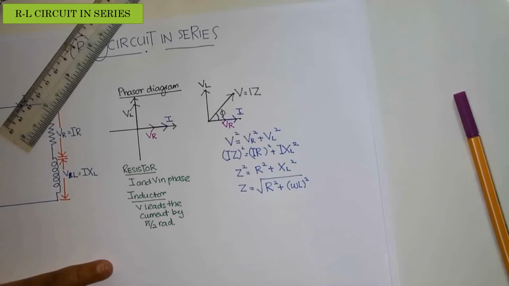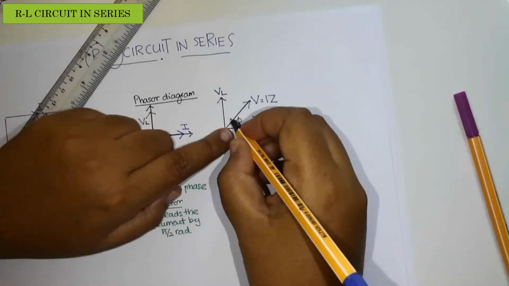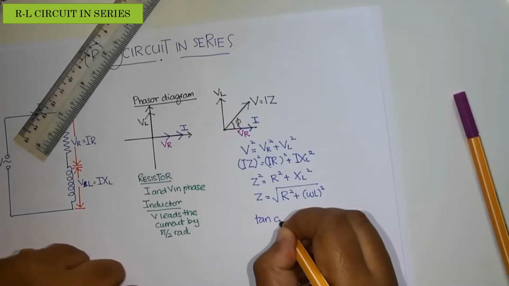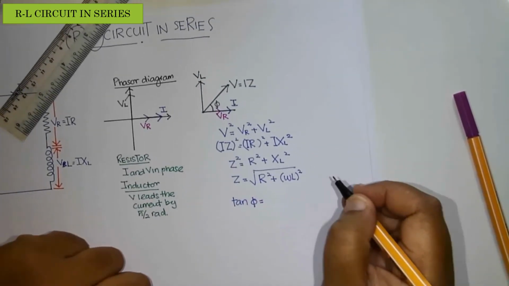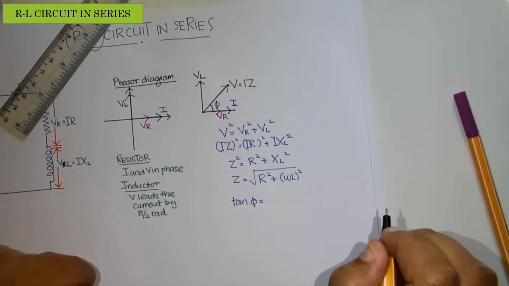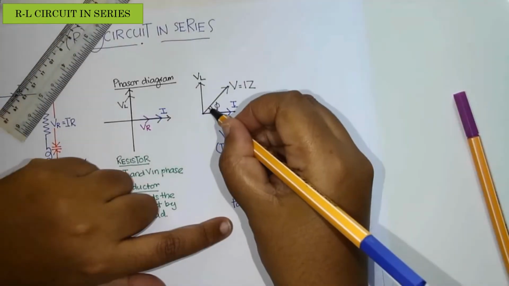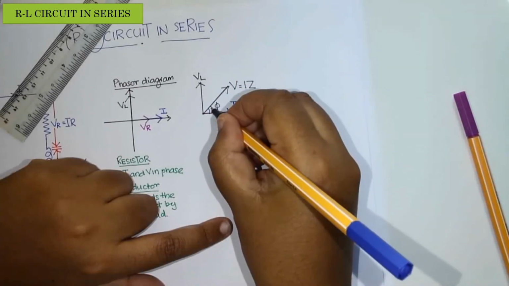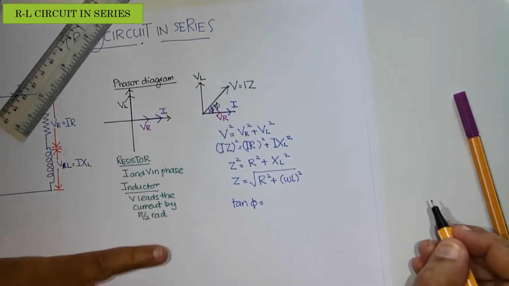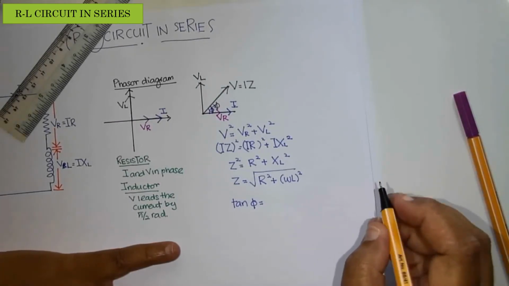Now we want to find theta, the phase difference between the V and the I. So tangent theta. Actually, this one is phi. I did not put theta, but the angle I mean theta, but it's phi. It's referring to the phase difference. So the tangent of the phase difference will be what?